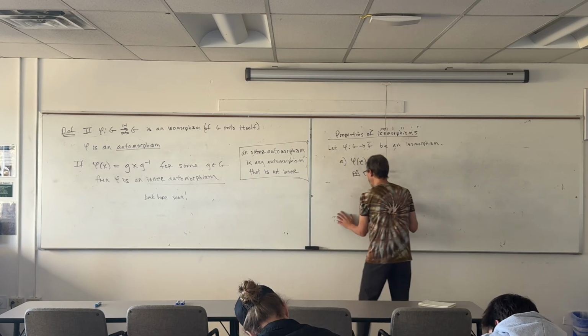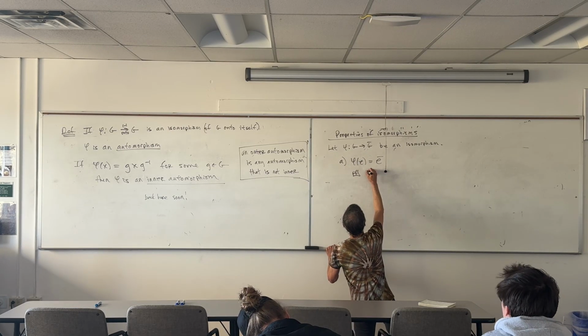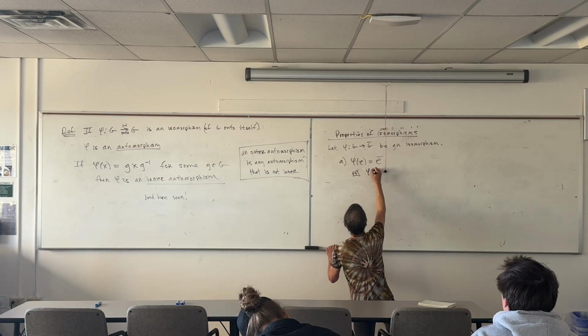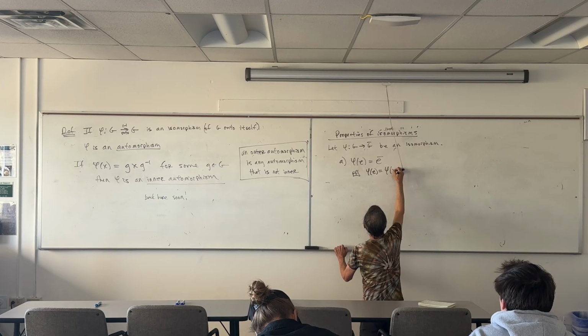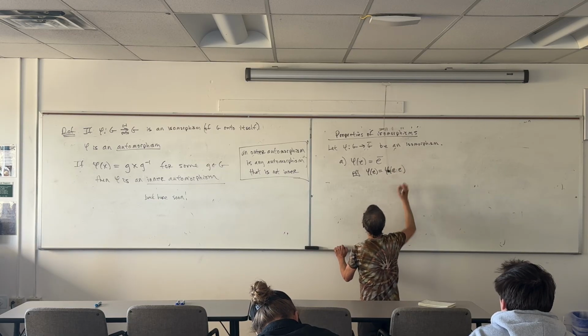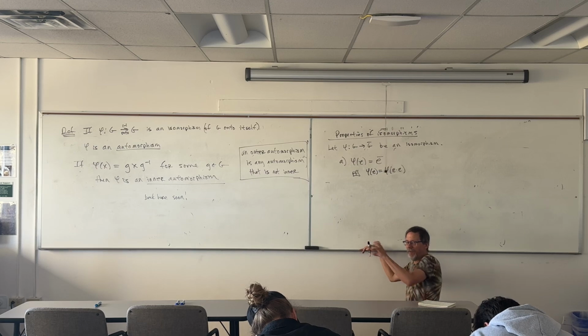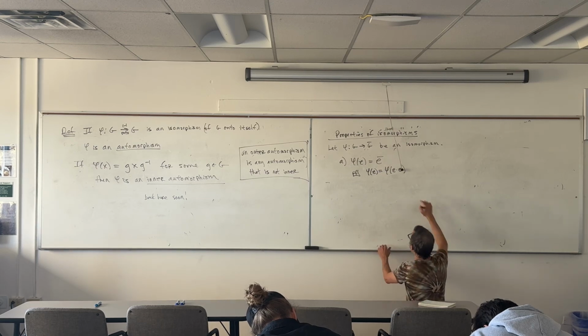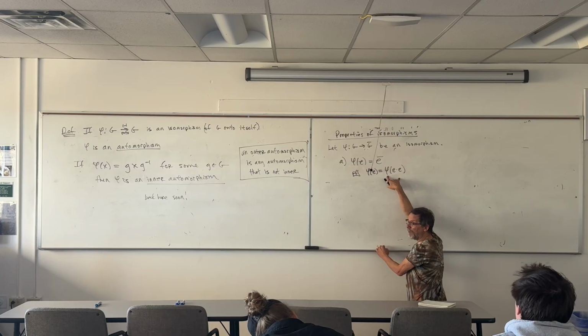Little mini proof. It'll be very informal. First off, I know that phi of E is equal to phi of E times E, because E times E is E. So I'm expanding the E out. Remember that isomorphisms preserve the group product.